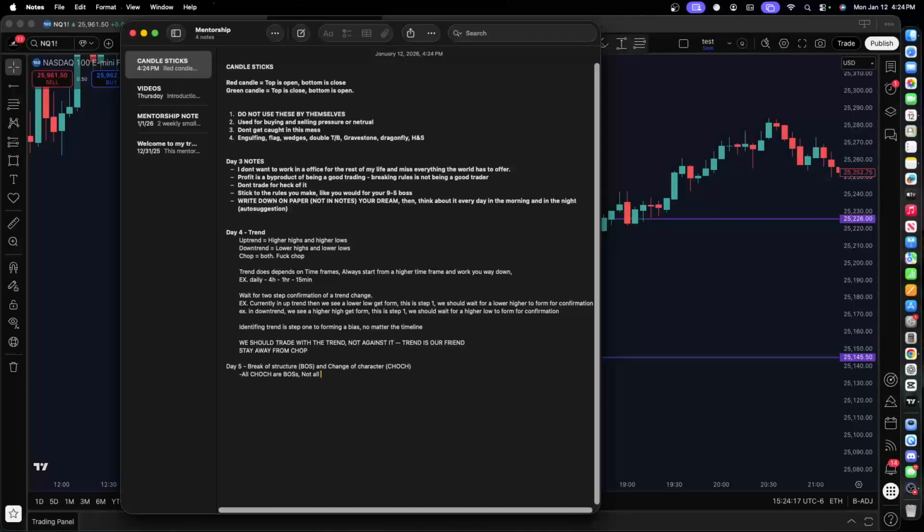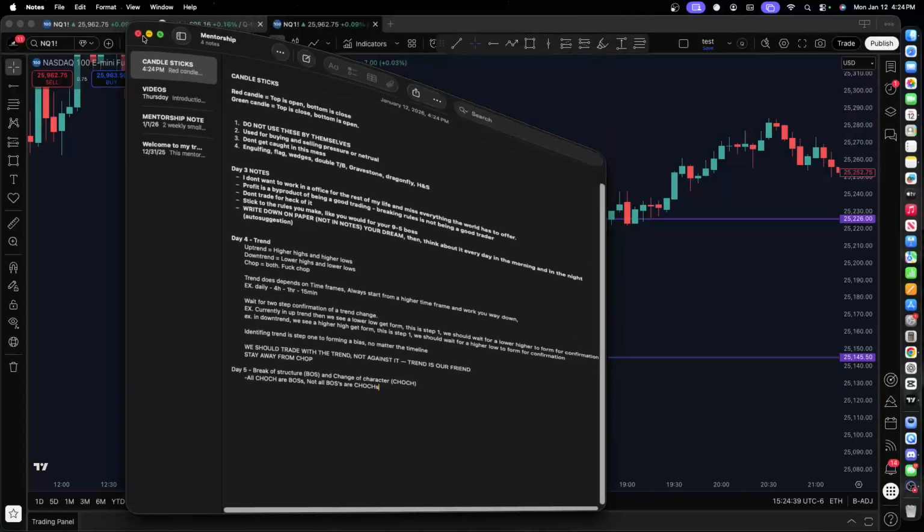Not all BOS's are change of characters. So all change of characters are break of structures, not all breaks of structure are change of characters. Just like that old thing with the rectangle and square. I don't remember which one it is, but I'm pretty sure it's like all squares are rectangles, but not all rectangles are squares. Cool. Hopefully that makes some sense.